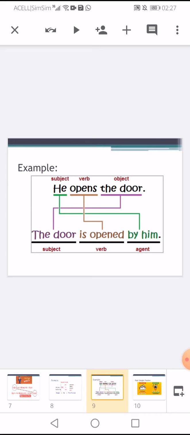What is the subject? The door. As you see, the object of the first, active sentence becomes the subject of the second, passive sentence. Is opened is the verb. Great. By him is the agent. It was the subject of the first active sentence.